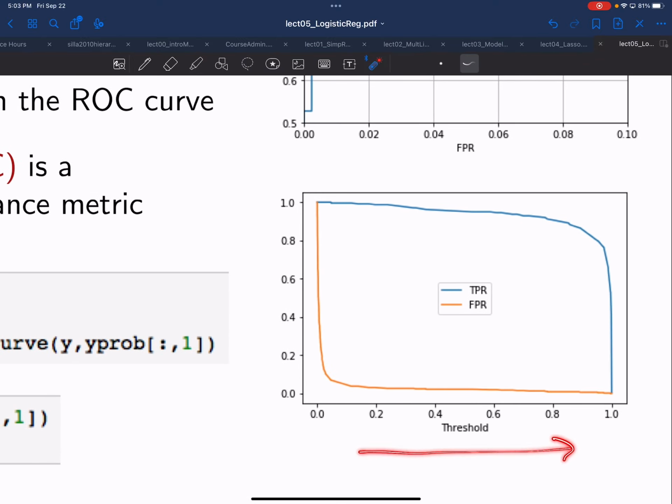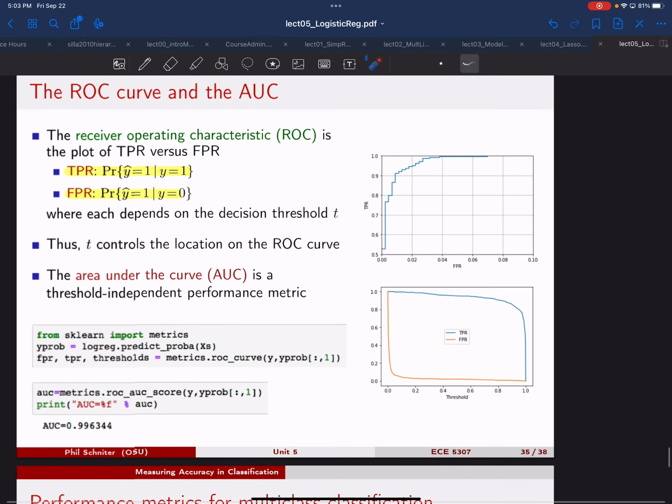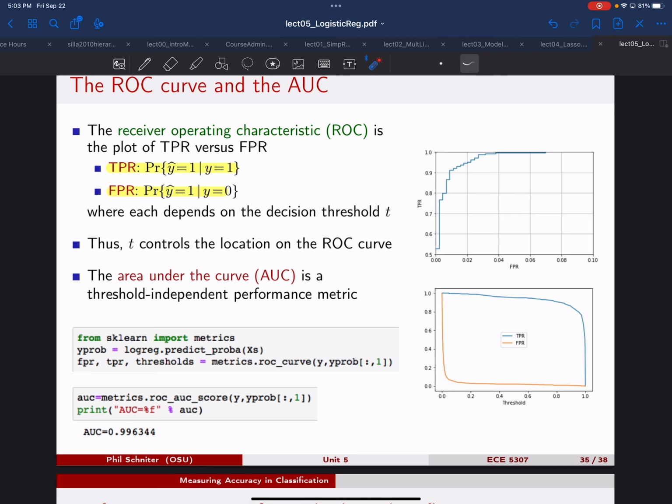When the threshold is 0, you're always going to be selecting y hat equals 1, so both of these are sort of trivially maximized. And then as your threshold goes up, both of them come down to 0. But still, you can see that there's a different behavior. One of them goes down really quick, the other not as quick.